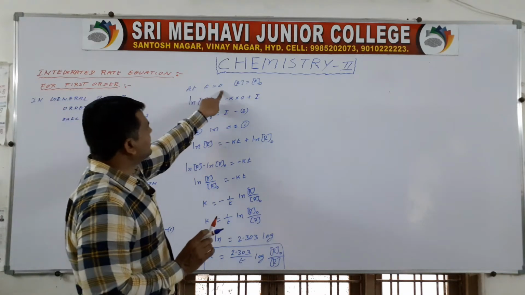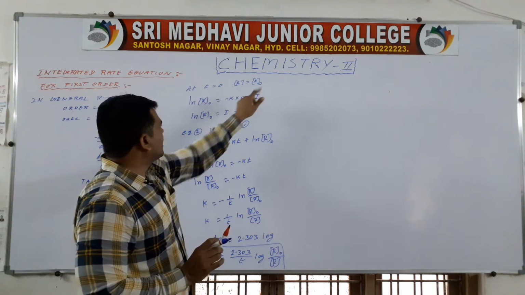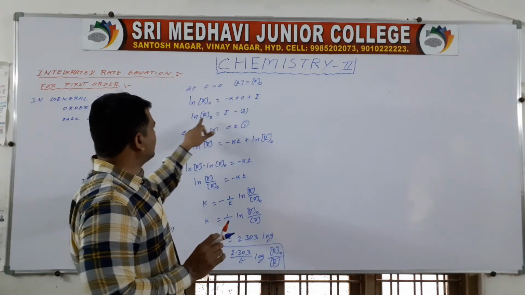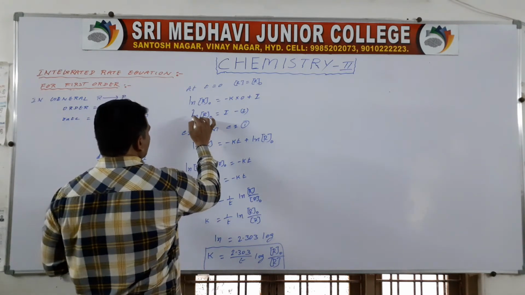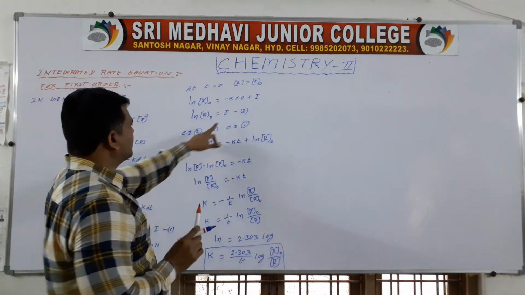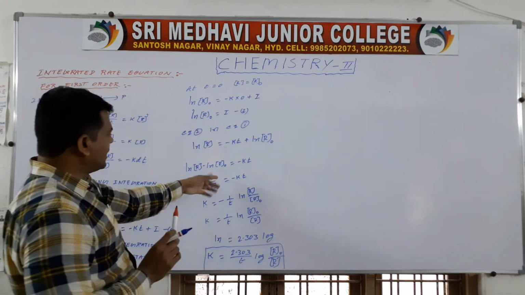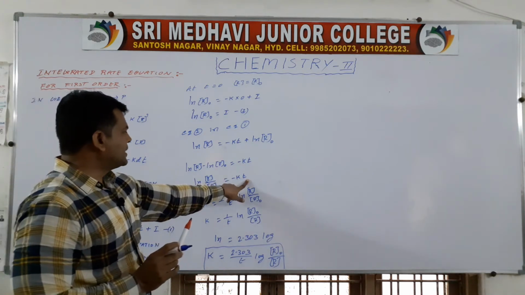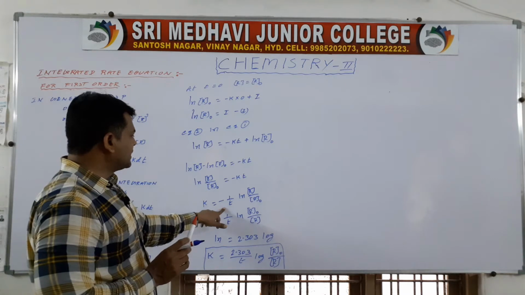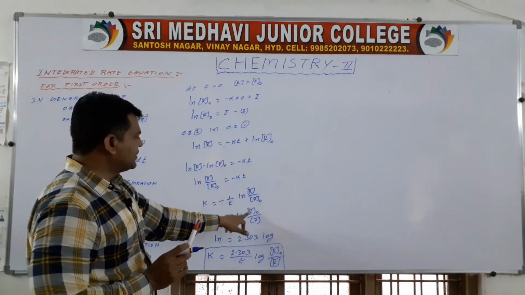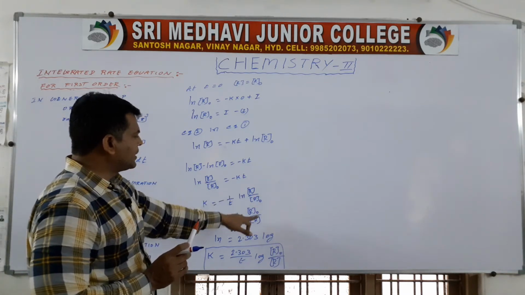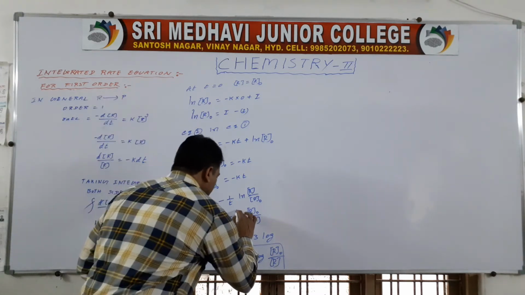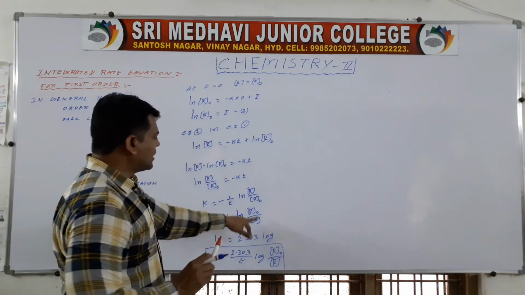Then at t equal to 0, R equals R naught, so natural logarithm of [R]0 equals minus k into 0 plus I, so natural logarithm of [R]0 equals I. Substituting these values, log A minus log B is log A by B, equal to minus kt. Bringing t to this side as 1 by t, and interchanging numerator and denominator of R naught, k equals 1 by t natural log of [R]0 by [R].